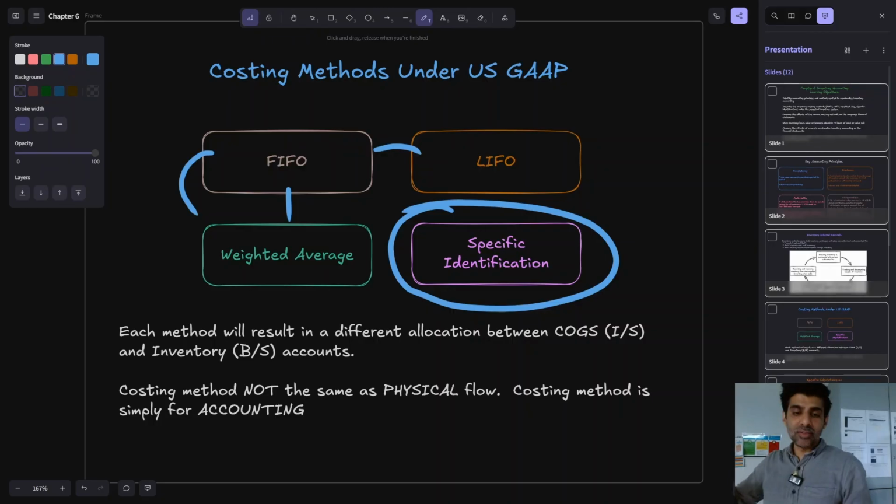And if you change cost of goods sold, you're going to change inventory, because those 2 accounts are linked together.